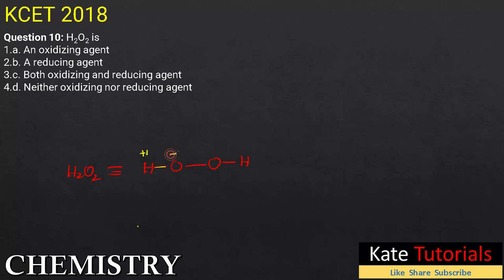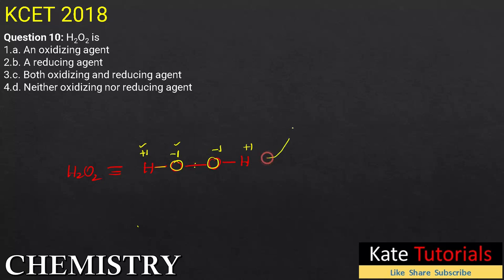So oxygen oxidation state is -1, and for this it is +1, no doubt. Similarly here hydrogen will be +1, and for this oxygen it is -1, right? And both are oxygen, same electronegativity, so it will not pull the electron density. Electron density will be at the center only. So the oxidation state of oxygen is -1.